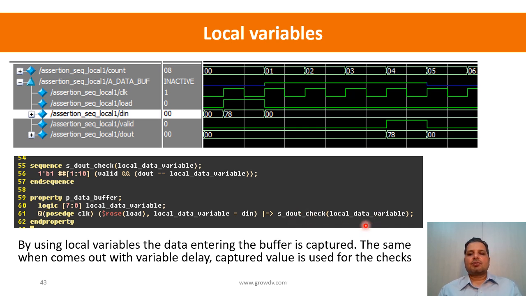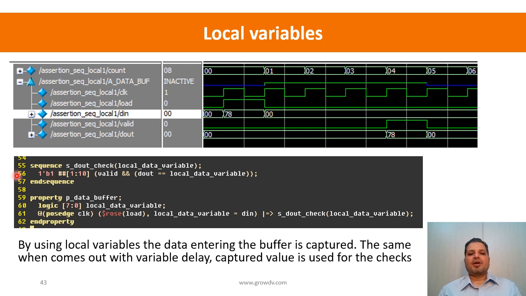And to this sequence you can see that I am passing the local data variable that I had captured as an argument. And so here I have this sequence SDOut check, and I am passing the value of the data variable that I had captured. And in this sequence what I am doing, 1 tick B1, and I am putting range of delays.